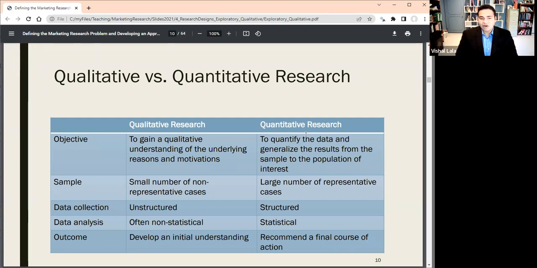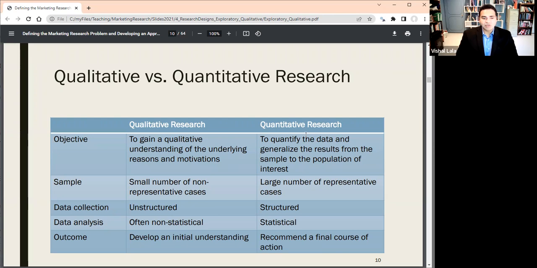The analysis is often non-statistical, but it doesn't have to be. There are ways of analyzing qualitative data in a quantitative manner, but indeed, in most cases, you'd see the analysis as being non-statistical, non-quantitative.